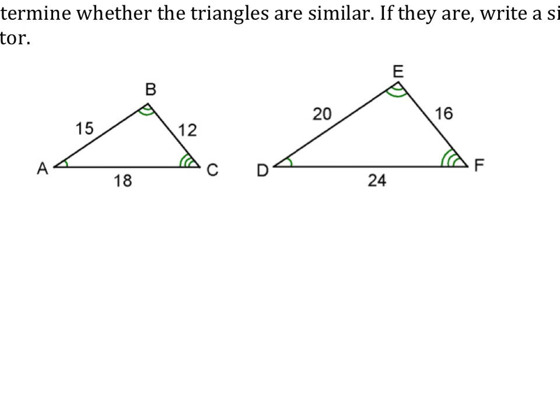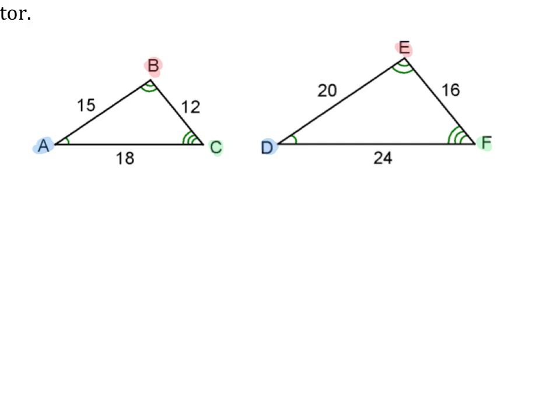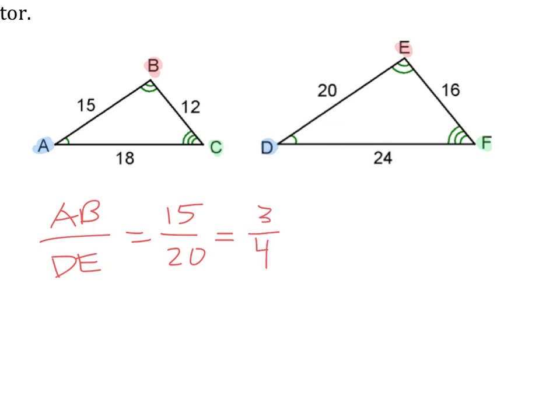So hopefully by looking at this here, you notice that angle A corresponds with D, B corresponds with E, and C corresponds with F. So therefore AB corresponds with DE, which is 15 over 20, which if we divide both the top and the bottom by 5 is 3 over 4.